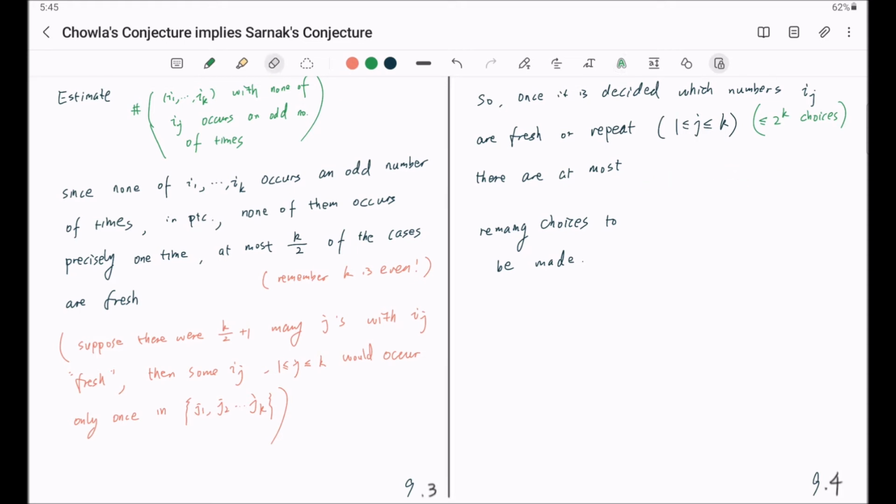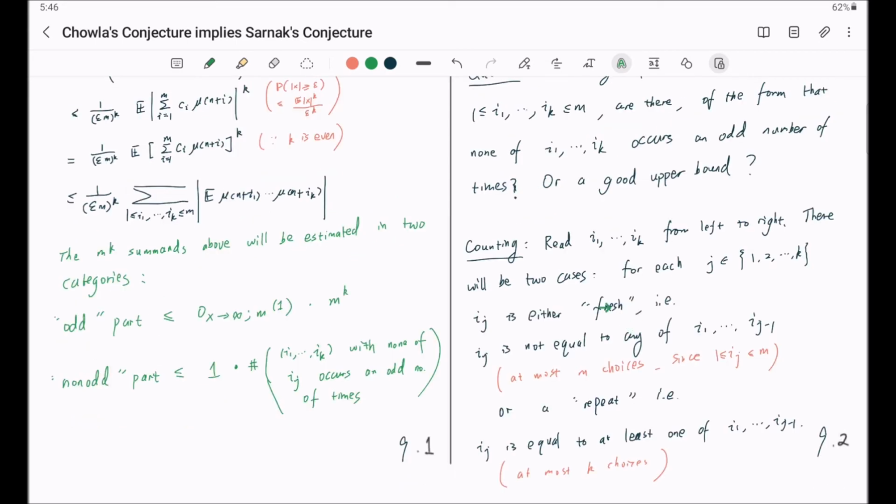Once this is decided, now look at this. We have concluded that at most k divided by 2 of the cases are fresh. And from the above, we know that in fresh cases, i_j will have at most m choices.